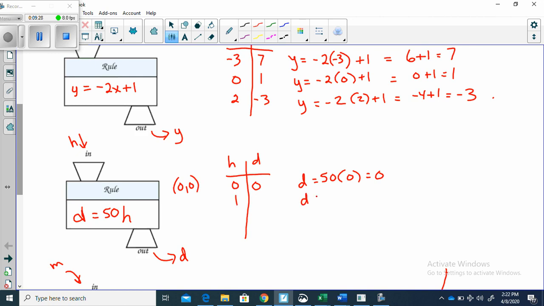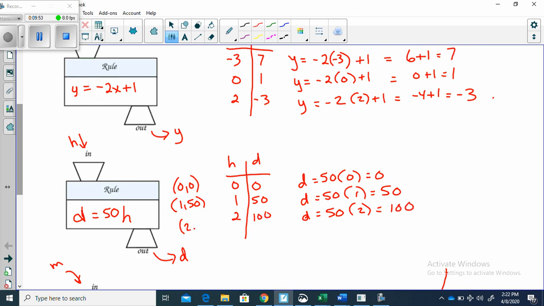The distance would be 50 miles per hour times 1 hour, which would mean I had gone 50 miles. This point, if I'm going to be plotting it, would be 1, 50. What if I've traveled 2 hours? The distance would be 50 miles per hour times 2 hours, which would give me 100 miles. And that would give me 3 points.